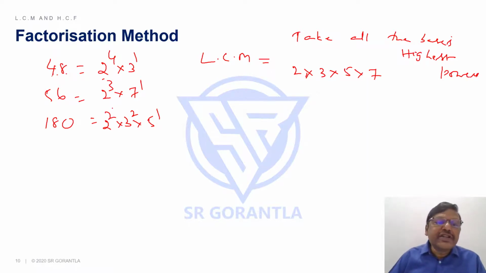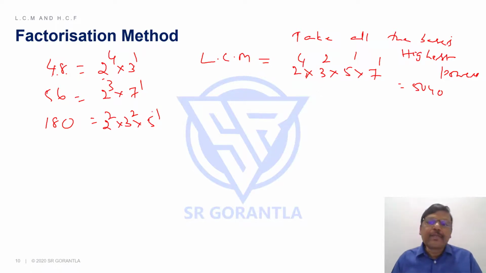What are the highest powers here? For 2, the highest power is 4. For 3, it is 1 here, it is 2 here, so 2. For 5, it is 1. For 7, it is 1. You can multiply, you get the same answer. 16, 144, 720 into 7, 5040. You get the same answer.